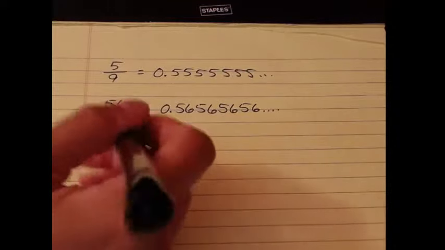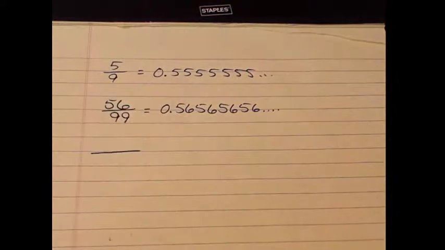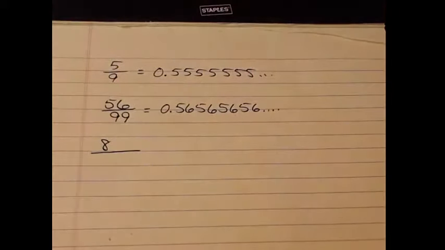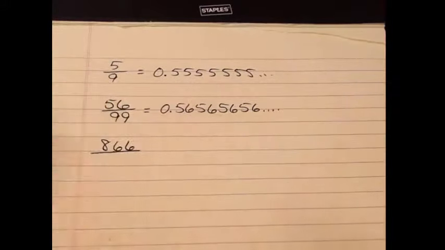Can one of you give me a 3-digit number and throw that in the live chat? I'll use the first 3-digit number I see. Throw any 3-digit number you want in the live chat. 866. I'm going to leave it 866, but this time it won't be over a 9 or a 99.